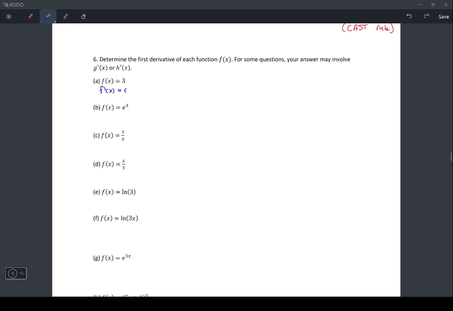Well, the derivative of 3 is 0. Derivatives are rates of change. Constants, by definition, don't change. Otherwise, they wouldn't be constant. Constants don't change.